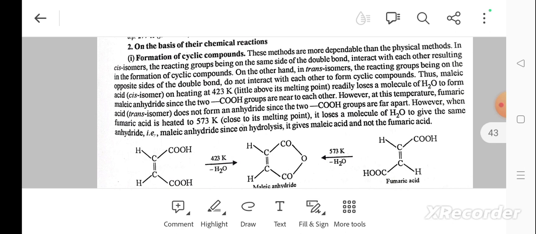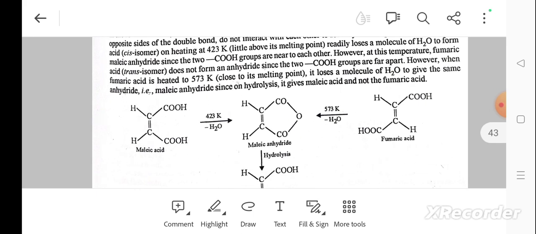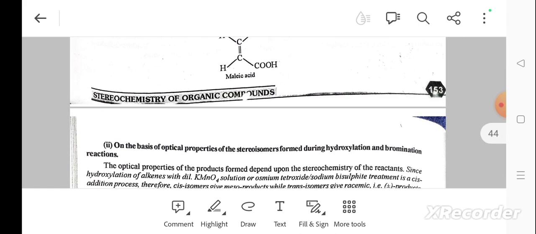However, at this temperature, fumaric acid, the trans isomer, does not form an anhydride since the two COOH groups are far apart. However, when fumaric acid is heated to 573 K, close to the melting point, it loses a molecule of H2O to give the same anhydride. Maleic anhydride on hydrolysis gives maleic acid, not fumaric acid.